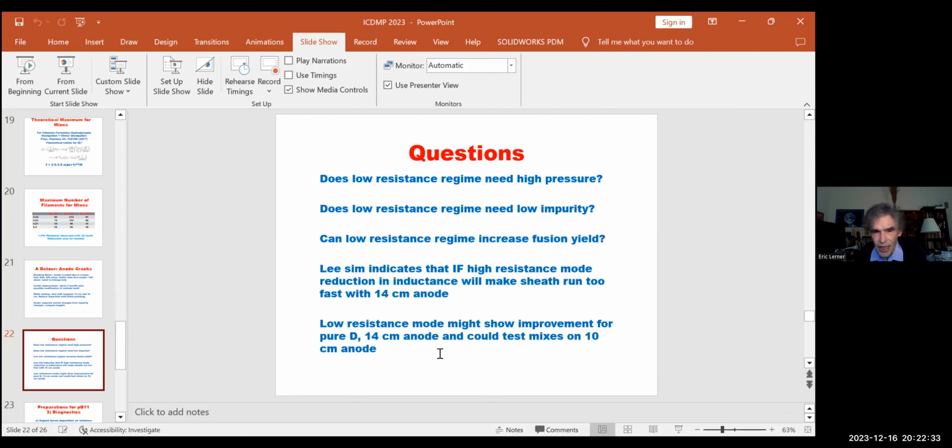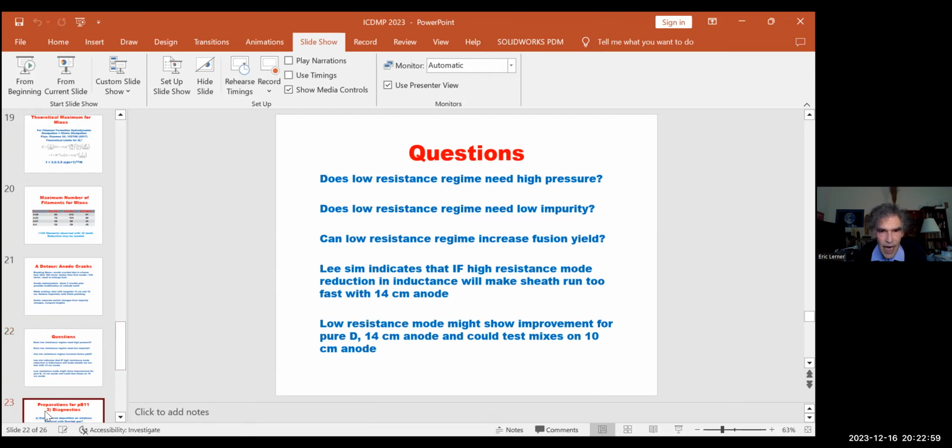If, on the other hand, we maintain the low resistance mode, we might actually get record yields for pure deuterium with a 14 centimeter anode. And we could test whether the heavier mixes run correctly with the 10 centimeter anode. So that's what we're doing to prepare for the operating conditions.